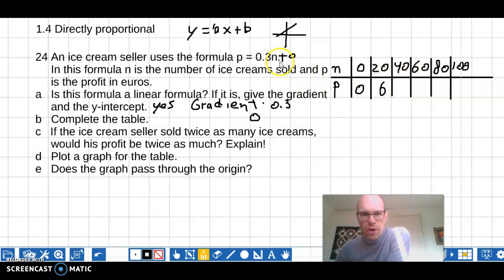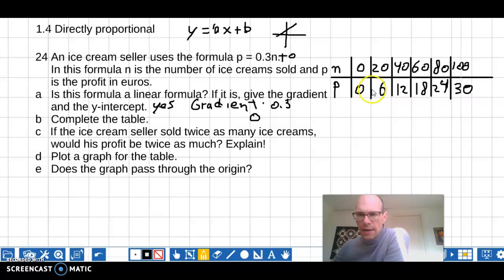We do the same with 40. 0.3 multiplied by 40 is 12. Then 60. P is 0.3 multiplied by 60, and that is 18. If you're wondering why I'm doing it that fast, it's because the 0 point and the 10 cancel out, so basically it's the same as 6 multiplied by 3. Here we have 3 multiplied by 8, and then we have 24. And last but not least, 100 multiplied by 0.3 is 30.